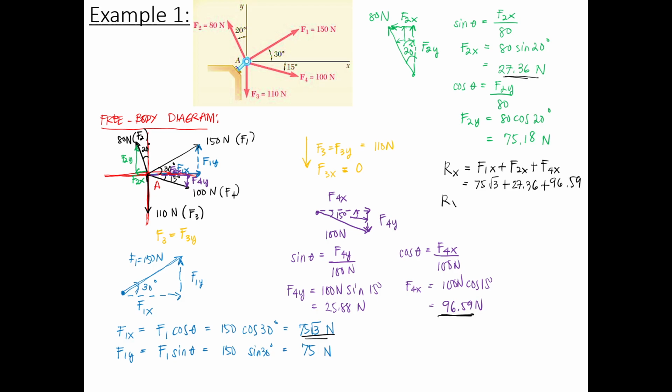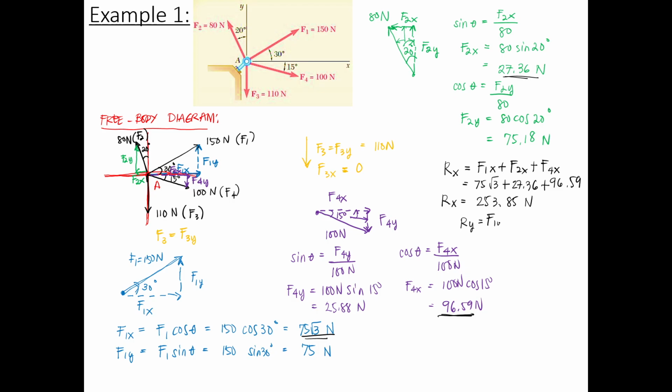So the total resultant of x is 253.85 newtons.